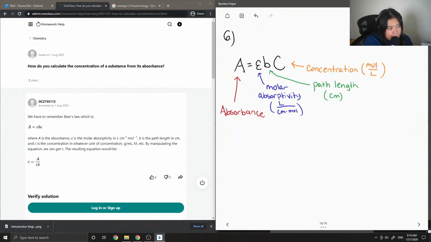So when you are given the absorbance, and the question also gives you the molar absorptivity and the path length, then we're able to solve for concentration.